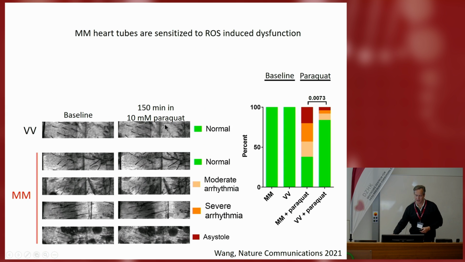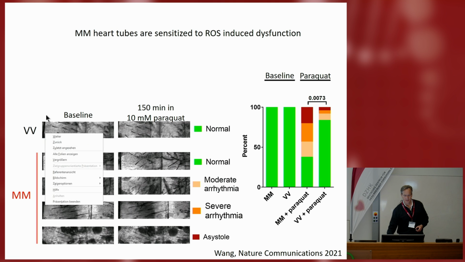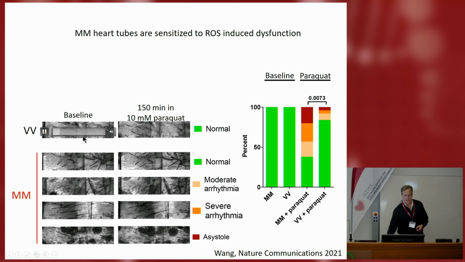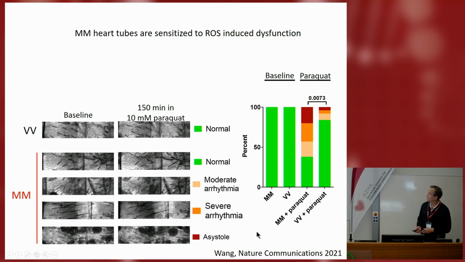But if we look at the echocardiogram of the heart tube, let's see if I can do this. What I think you can see is that at baseline, the wild-type hearts don't really suffer when you treat them with paraquat, which is an herbicide that makes oxidant stress through a variety of pathways.